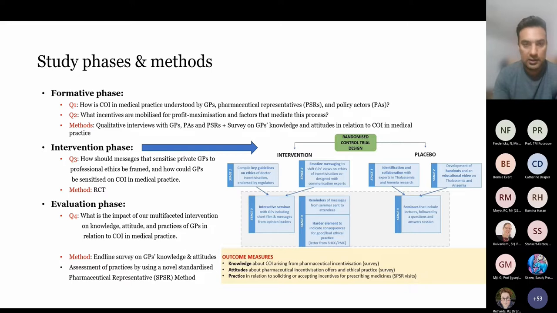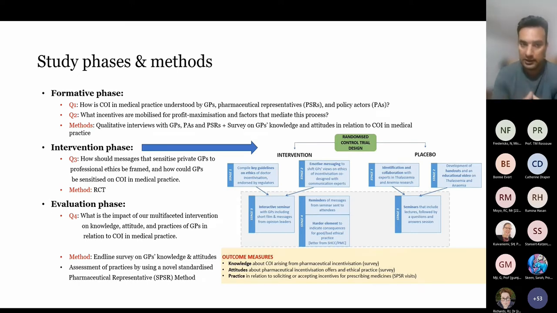And based on what we have found from the formative phase, we have developed a multifaceted intervention, which we tested through a randomized control trial, in which a set of GPs belonging to the intervention group received some very emotive seminars on medical ethics, while the control group GPs received some seminars on clinical topics like how to manage thalassemia and anemia in primary care settings.